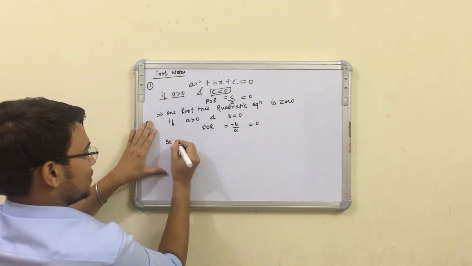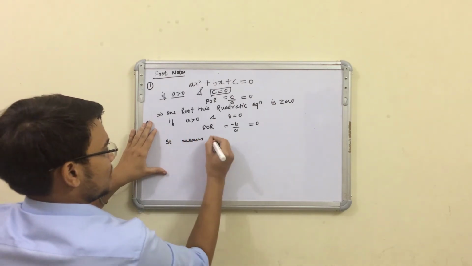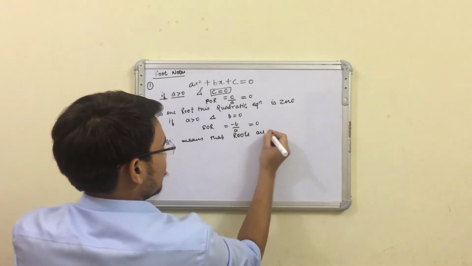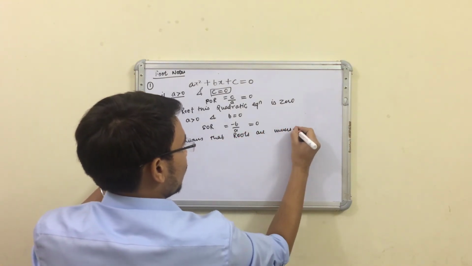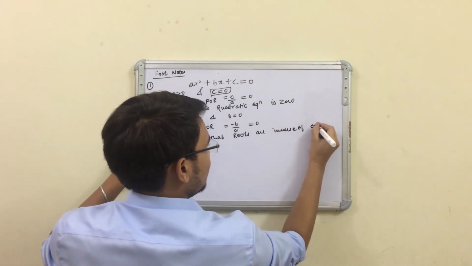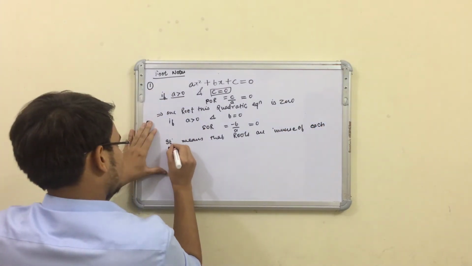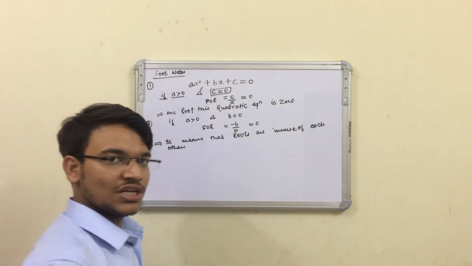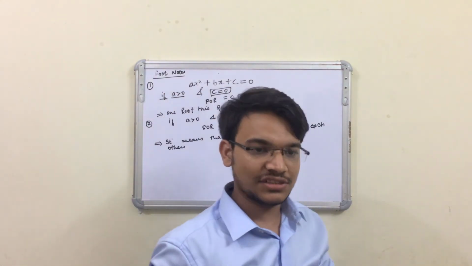It means that the roots are negatives of each other. This simply implies that the roots are equal in magnitude but opposite in sign.